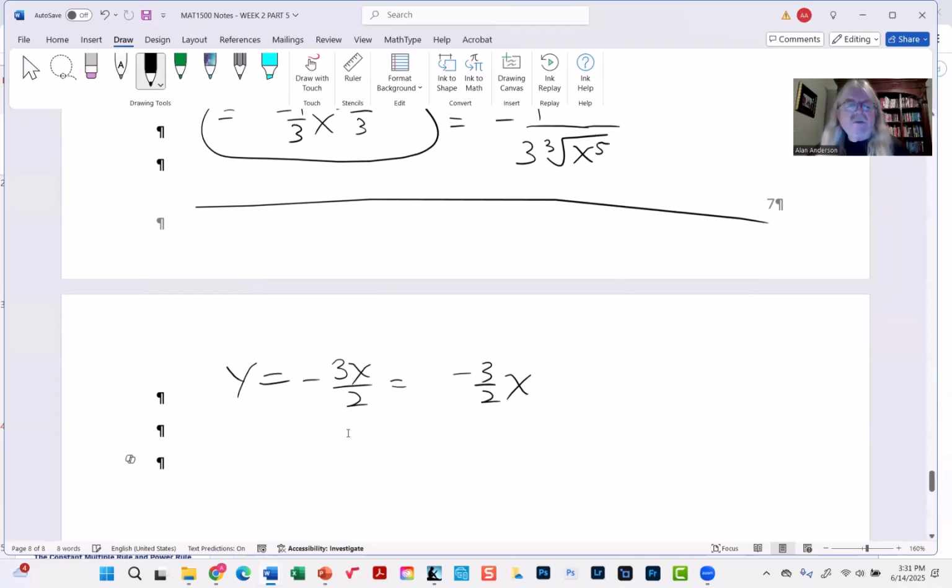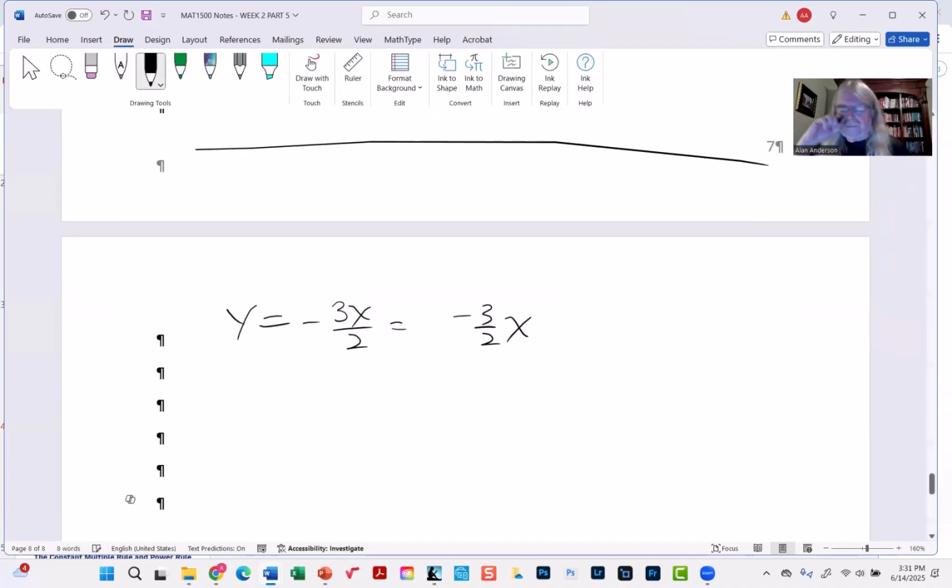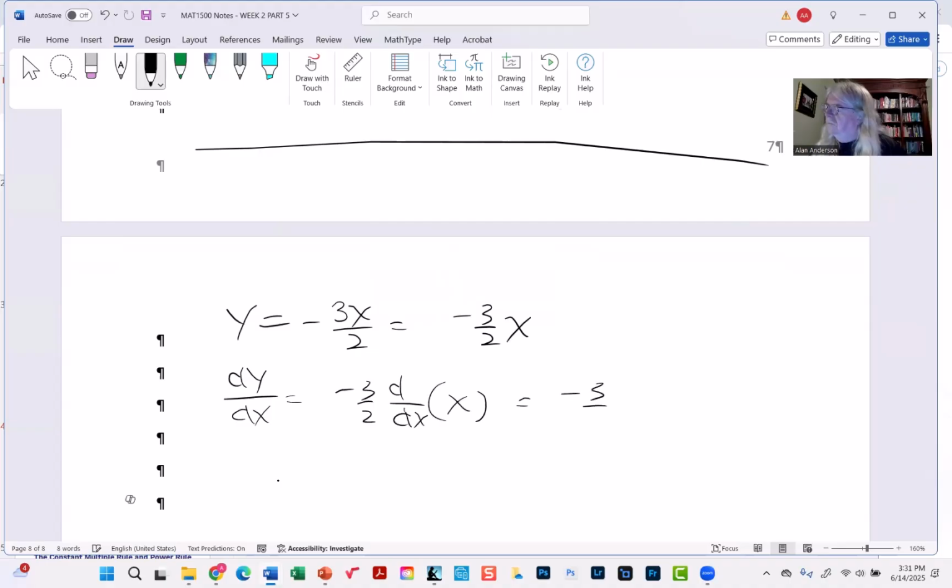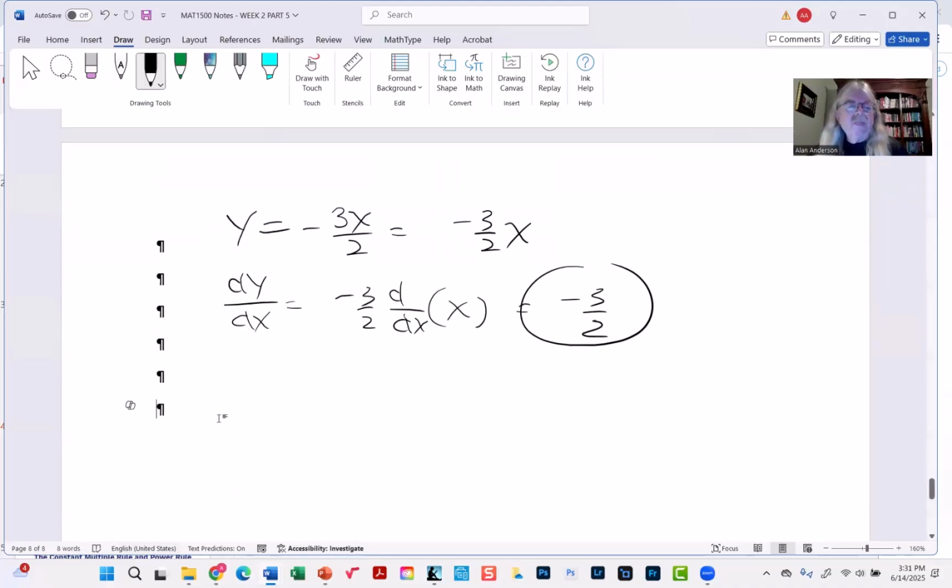So once again, we do have a constant on the front. Remember, the derivative of x is just 1. Why is that, by the way? That's a special case.